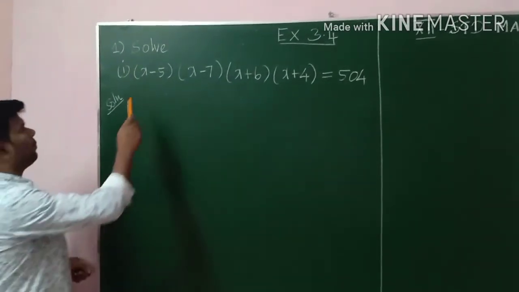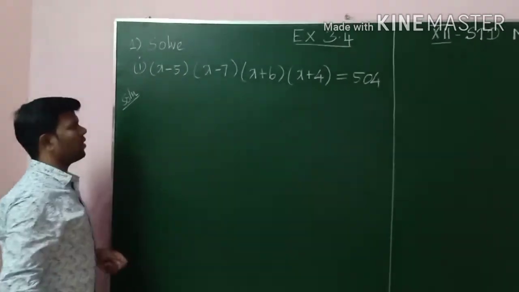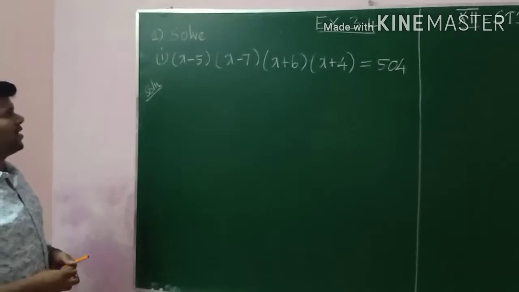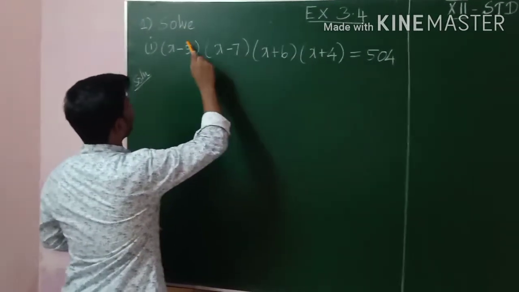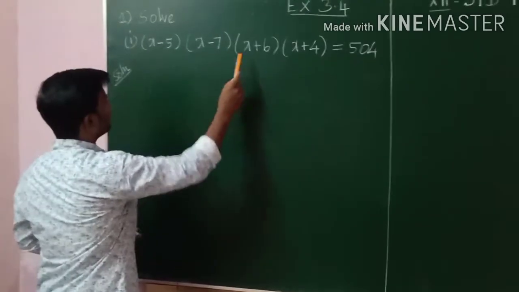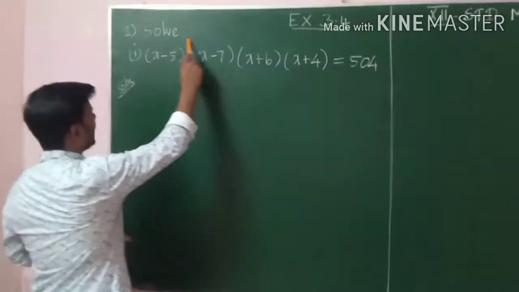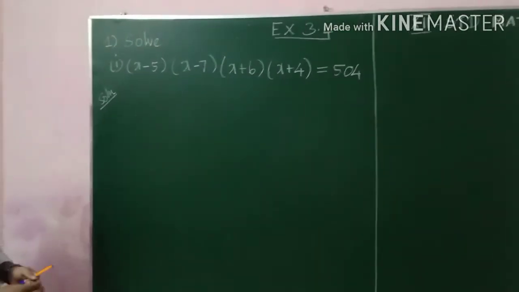This is partly factored polynomials, of course it is a quartic polynomial. First we will take any two of the linear equations. I take (x − 5)(x + 4) and (x − 7)(x + 6). If I take like this, we get the same x² term and the same x term.